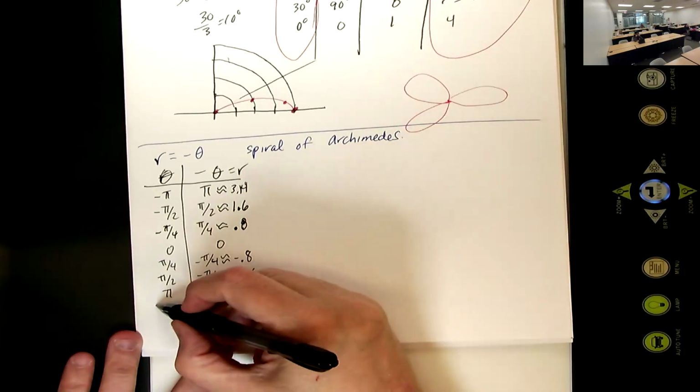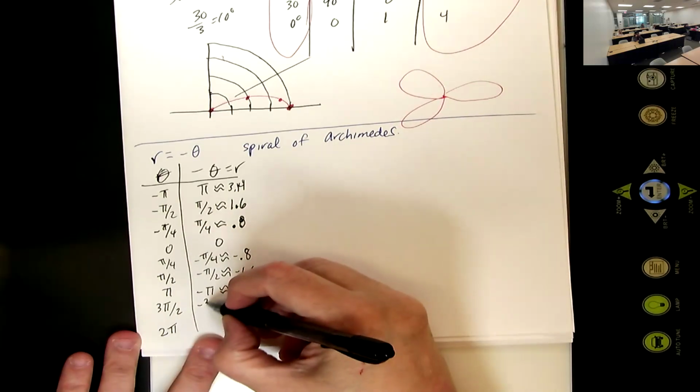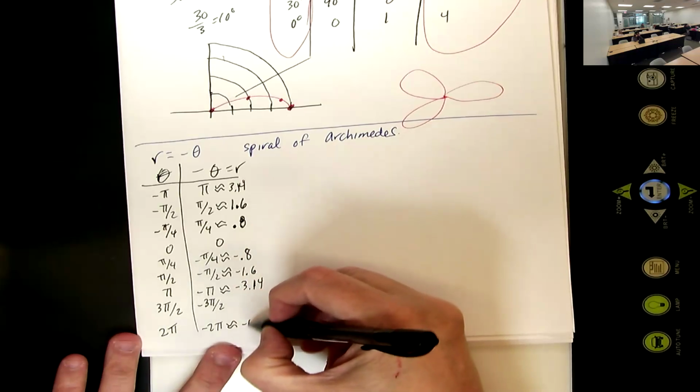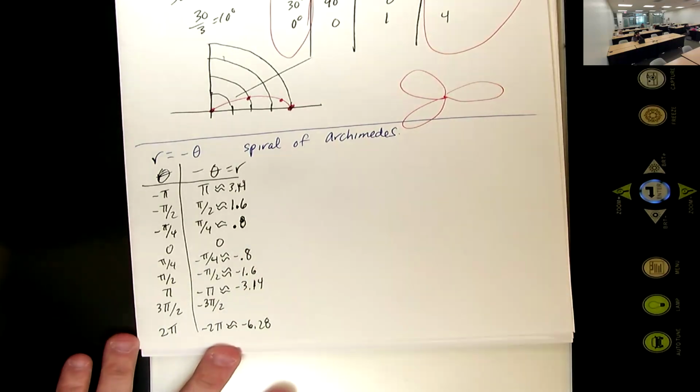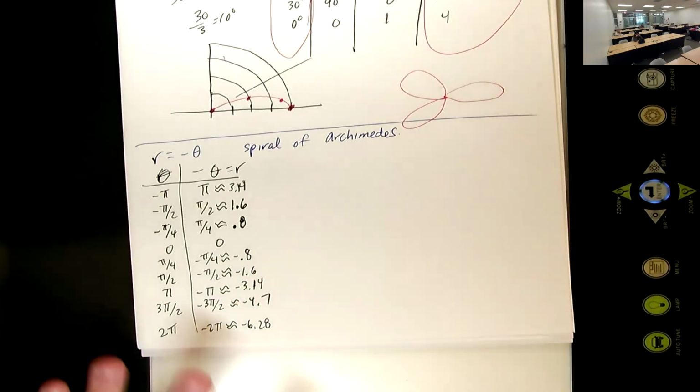I can go bigger steps here for the last few. Let's do 3 pi over 2 and 2 pi. And that's about negative 4.7.